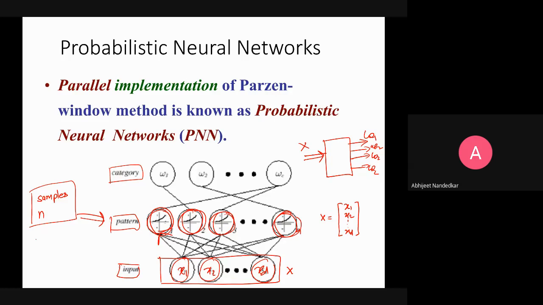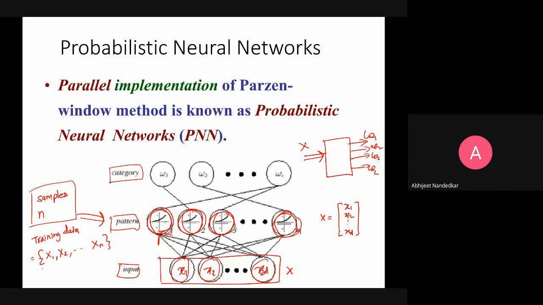That means, suppose my training data is x1, x2, and up to xn. So there are n samples, and there are suppose C categories.